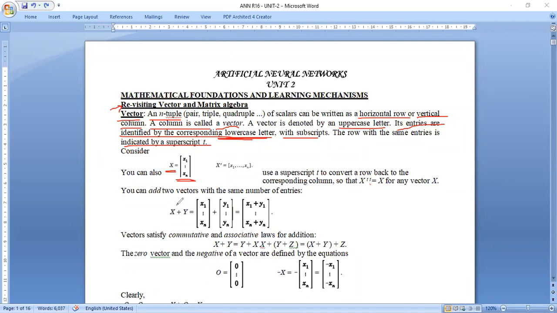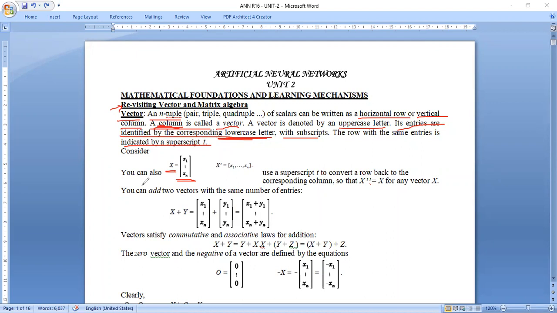Subscripts in the sense 1, 2, 3 up to n. These are all represented in lowercase letters. Okay, so this particular column is called a vector here. So what is a vector? A column of data is called a vector here.